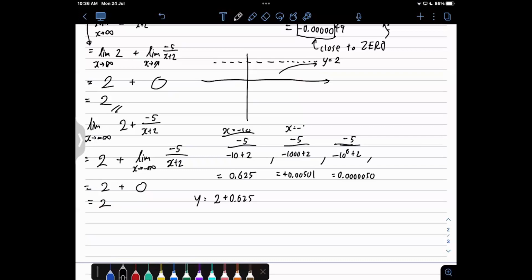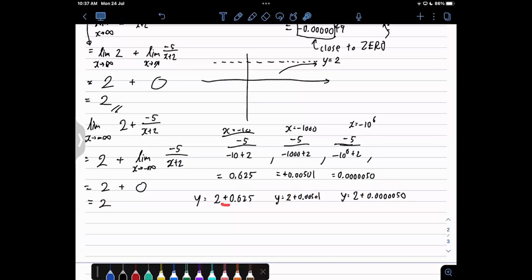When x equals negative 1000, what's the corresponding y value? It's 2 plus 0.00501. When x equals negative 1 million, 10 power 6, the y equals 2 plus 0.000005. So it's still not equal to 2, but it's always slightly above.